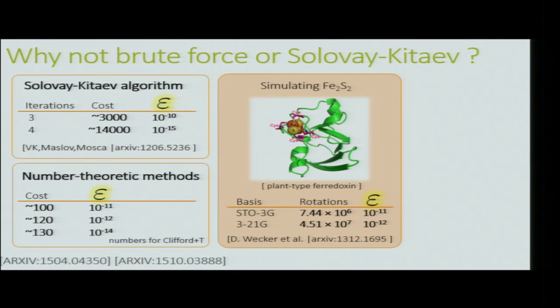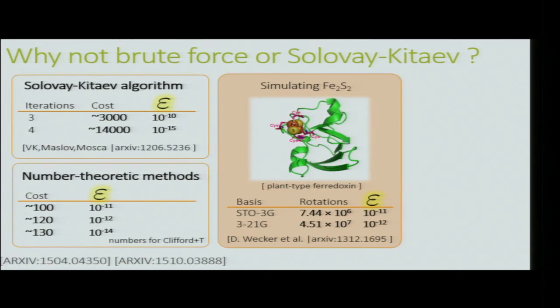And here are some numbers explaining why brute force is not good, and why Solovay-Kitaev is not good enough. So here is an example. People are trying to find problems that they can solve on a small quantum computer, and to understand the cost of solving them from top to bottom.